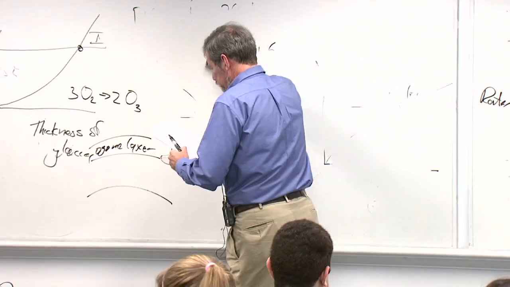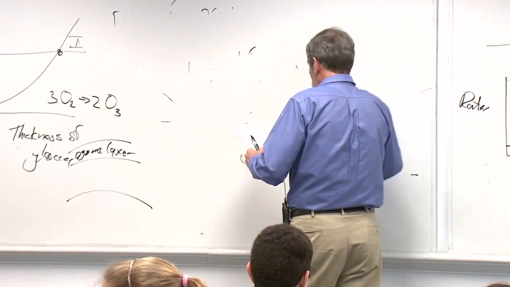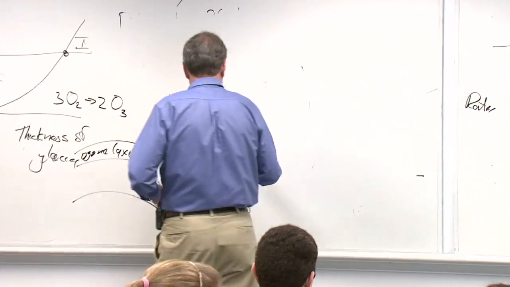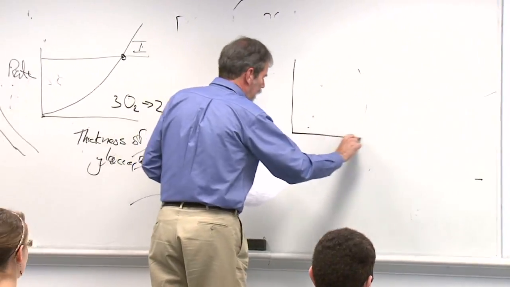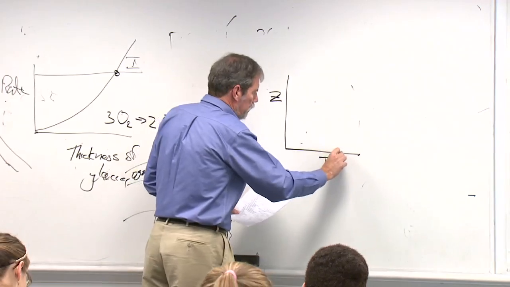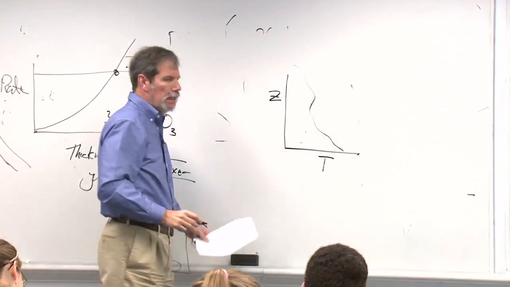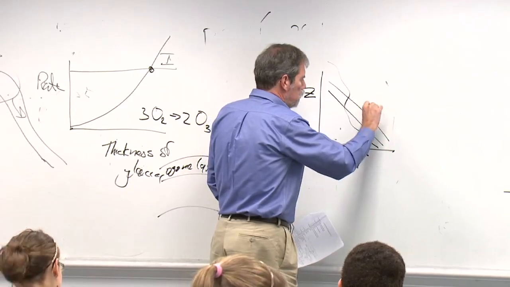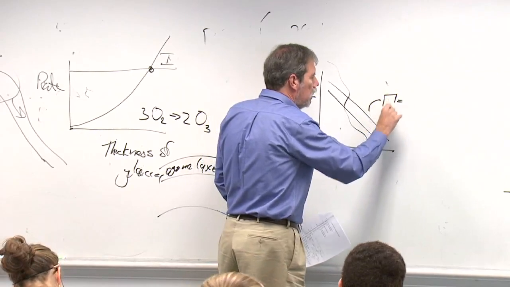So this idea of lapse rate and static stability we ran across for the ocean and the atmosphere. And for the atmosphere, we did it this way. We plotted temperature versus height, and we put reference lines on there, which we called capital gamma.